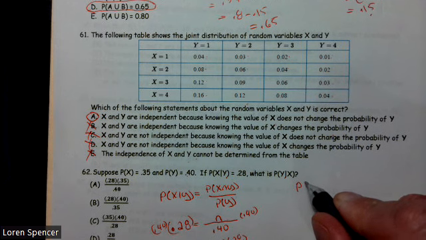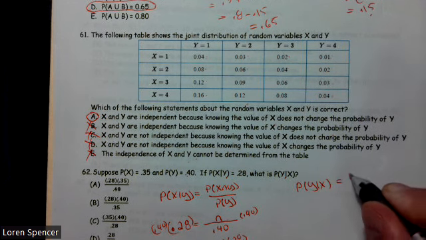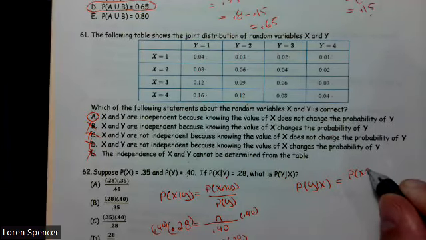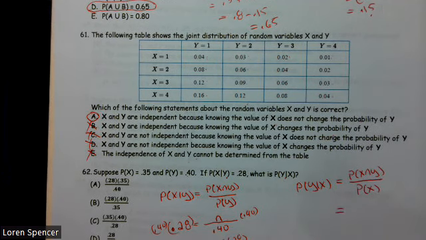Well, the probability of y given x equals the probability of x and y over the probability of x. Well, it turns out I know the probability of x. They told me that was 0.35, so that makes that easy.